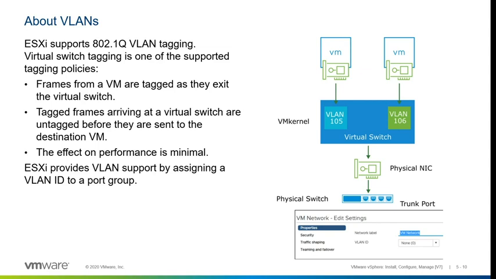In this example, I have 2 VMs and 2 separate virtual machine port groups. I've got this VM plugged into a virtual machine port group where I've set up VLAN 105. I've got this VM on a different virtual machine port group set up as VLAN 106. And they are both directing traffic to this same physical NIC.